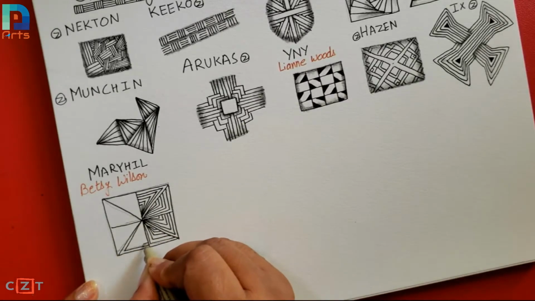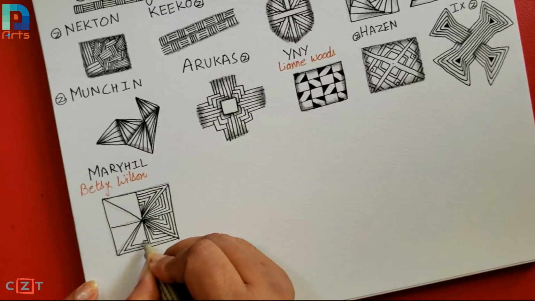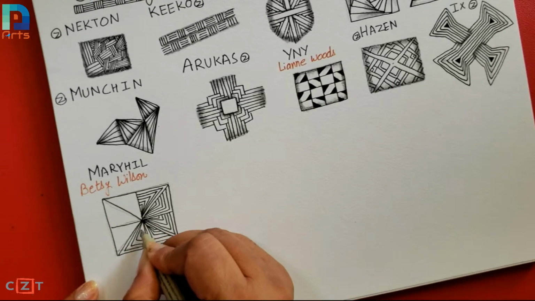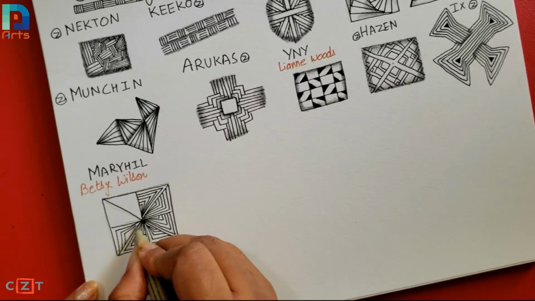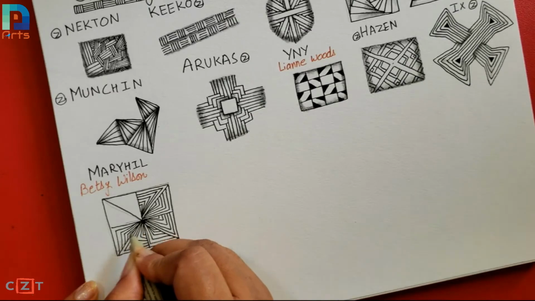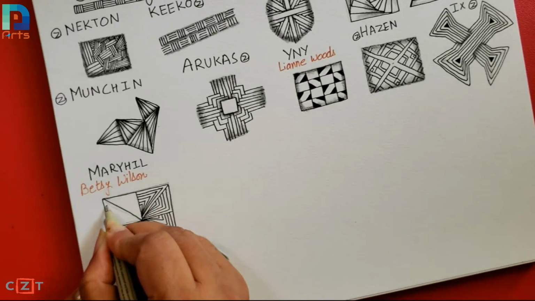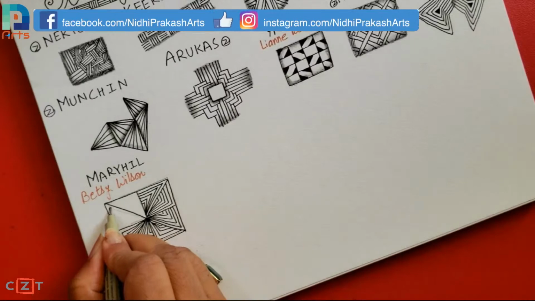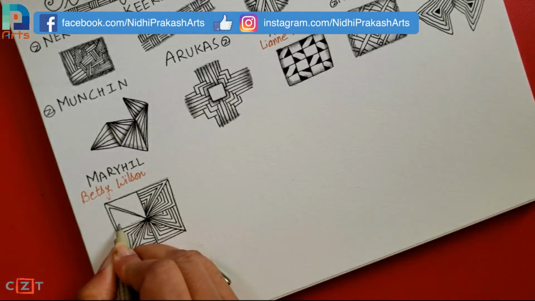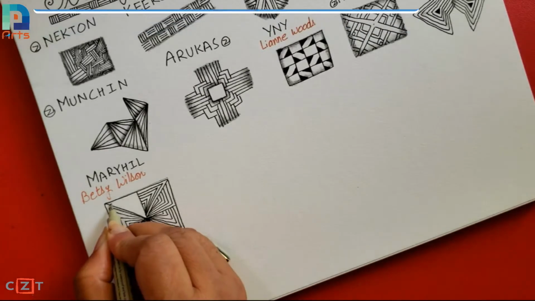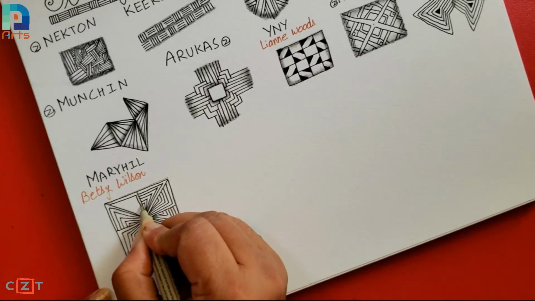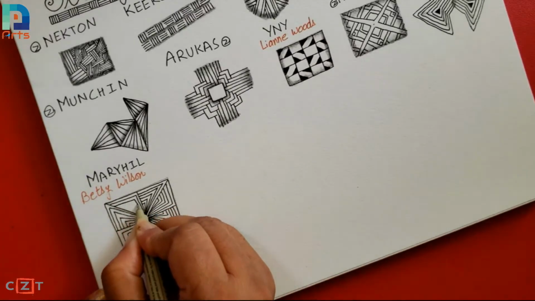I'm not moving my journal, but feel free to move your diary or your paper so that you get the perfect direction to draw the straight lines.